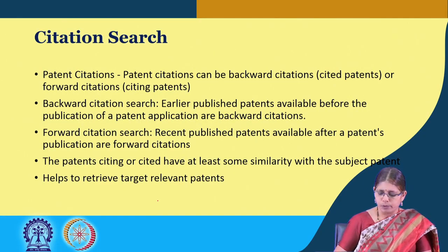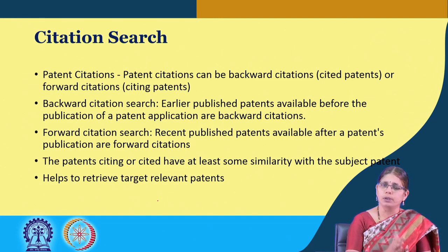Therefore, the search by legal status is an important part of search in terms of looking at the important information in relation to the transaction of that patent information with the patent office, the ownership, and further details in relation to the maintenance of that particular patent.